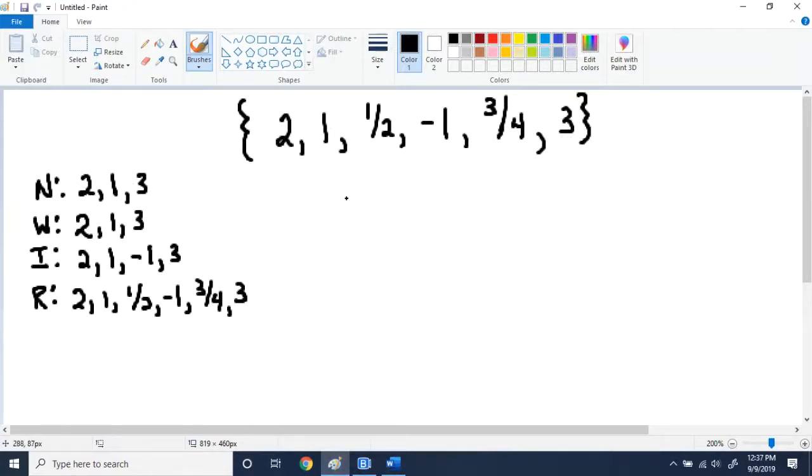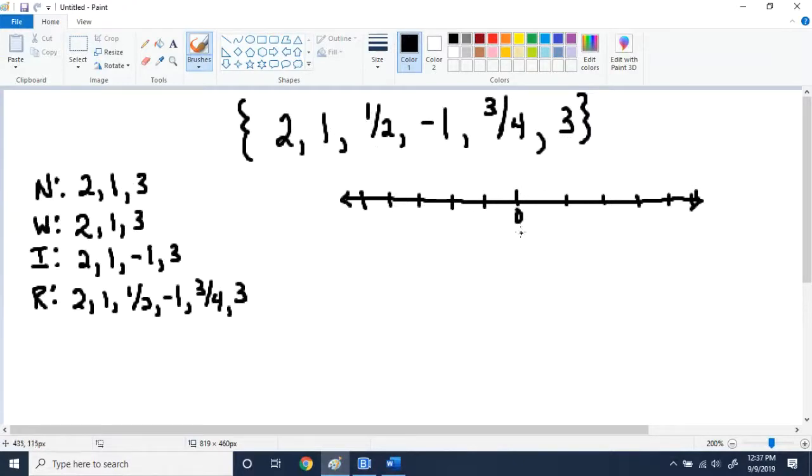Okay, so let's put these numbers on a number line. Now, although 0 is not in our number set, again, I like to place 0 so it can give me an idea of where I'm going to place my numbers for positive and for negative.